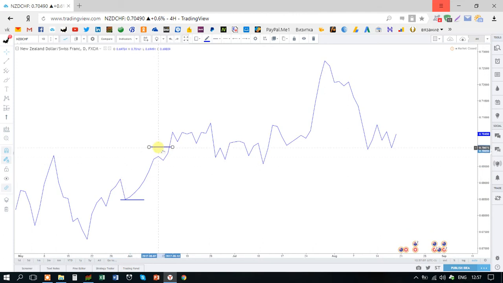So this sequence of higher highs followed by higher lows is actually an uptrend, and this uptrend continues until this sequence is broken. So we have a higher high, then we move sideways until we break it, and we break it here at this point.